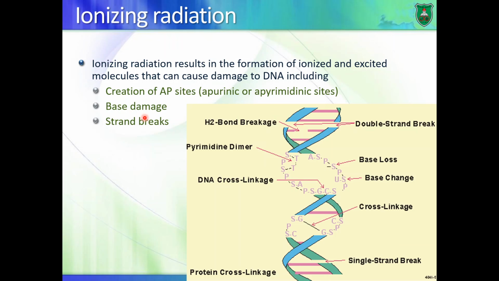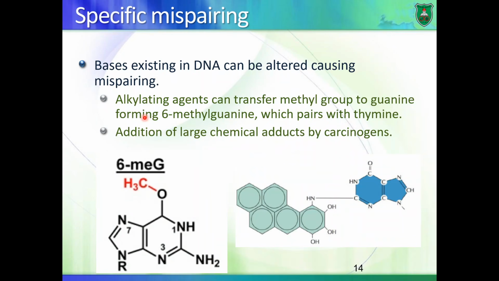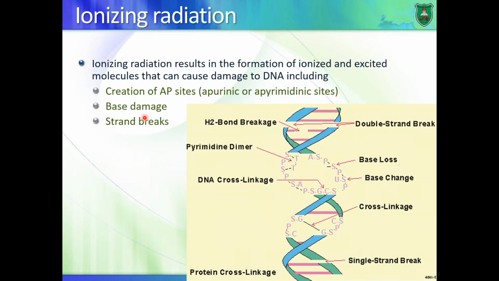So you can have something that looks like this. A base itself is damaged, and when the DNA polymerase comes along, synthesizing DNA, it sees that the base is damaged and it cannot read it. So again, the cell would have a choice, either to kill itself if the DNA is not repaired, or just place anything for now, hoping that it would be fixed later on.